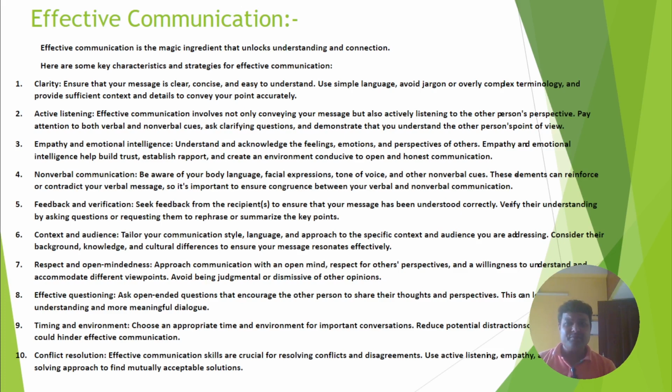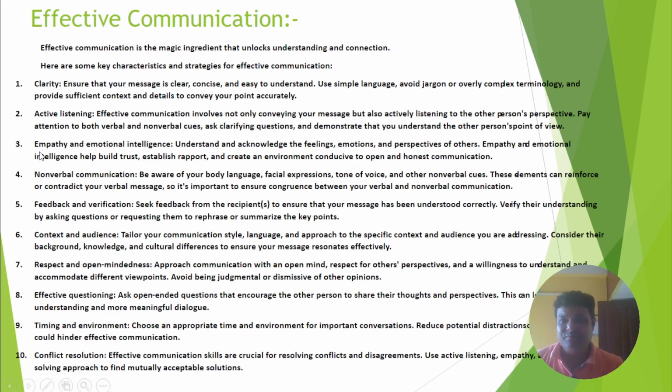Active listening: effective communication involves not only conveying your message but also actively listening to the other person's perspective. Pay attention to both verbal and non-verbal cues. Ask clarifying questions and demonstrate that you understand the other person's point of view.